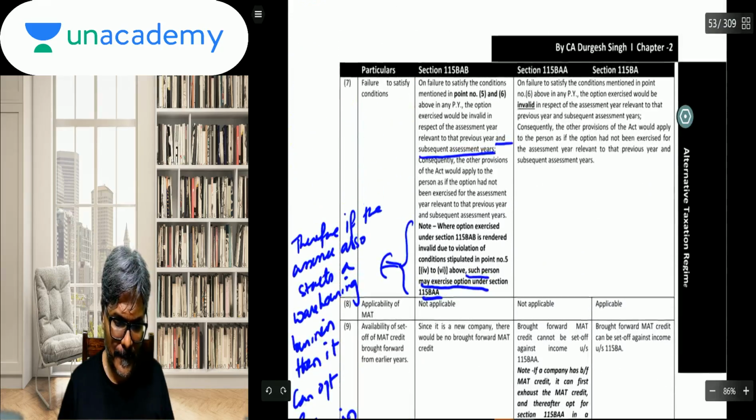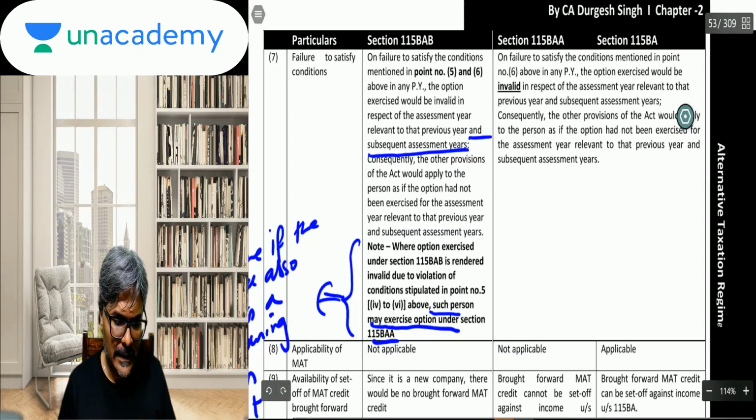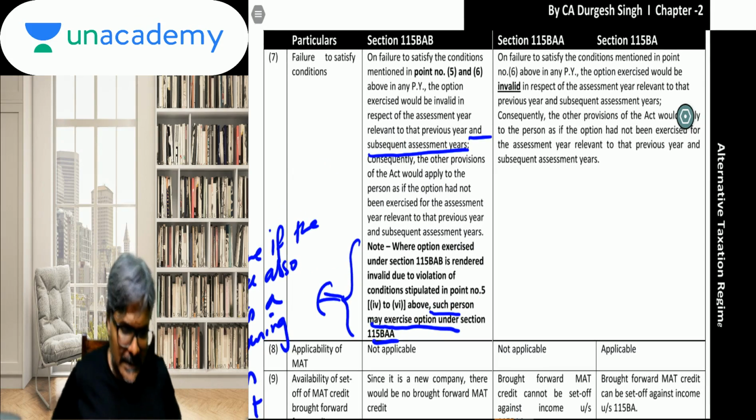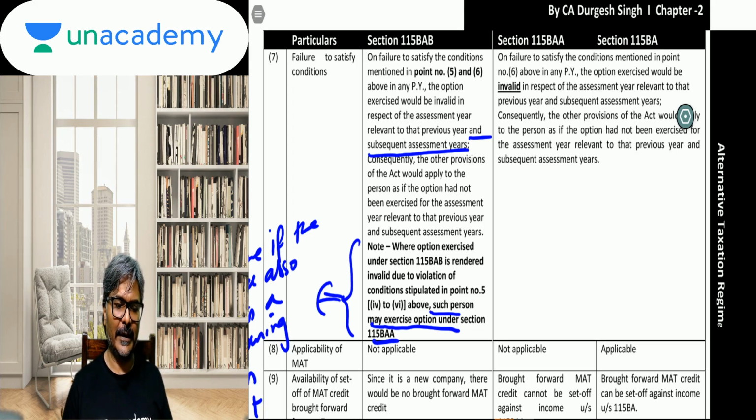So, what have they said? On failure to satisfy the condition mentioned in point number 5 and 6 above in any previous year, the option exercised would be invalid in respect of the assessment year relevant to that previous year and subsequent AYs.